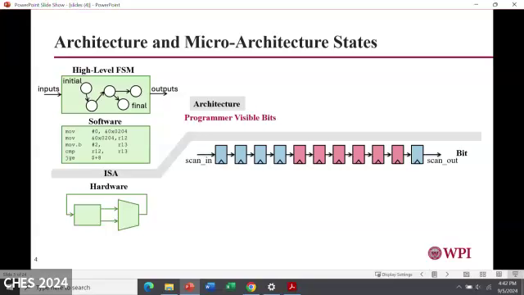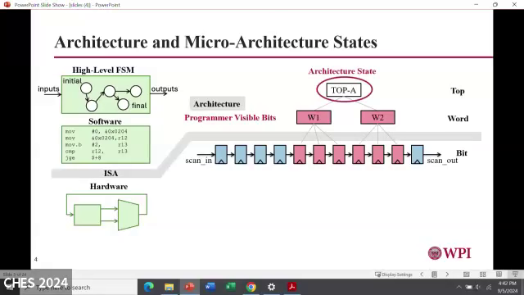These register bits can be directly controlled from the C code or software; any software-level controllable registers we consider programmer visible bits. We gather all these bits in a hierarchical order to form words, and at the end, we will form one state, and this is what we call the architecture state. The architecture state represents all the programmer visible bits in the hardware.